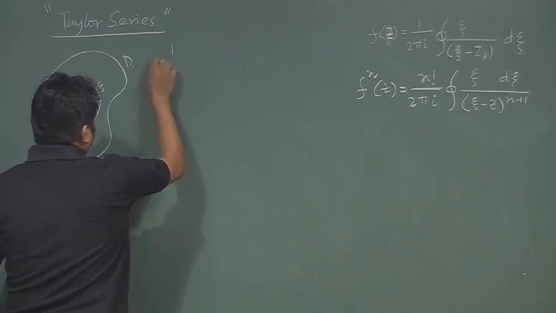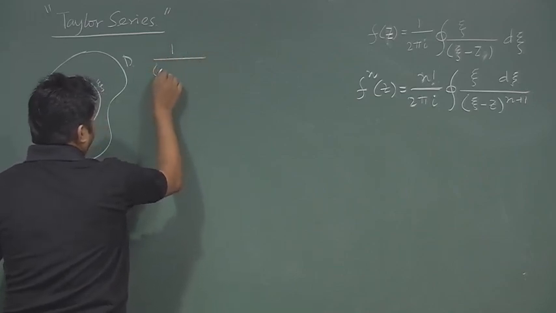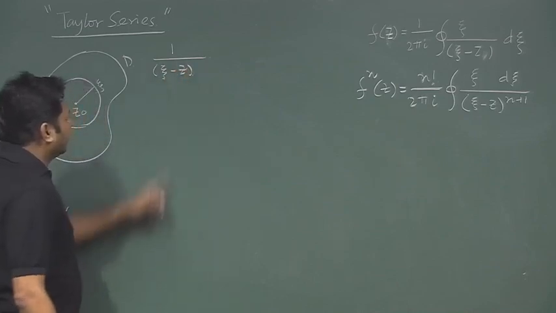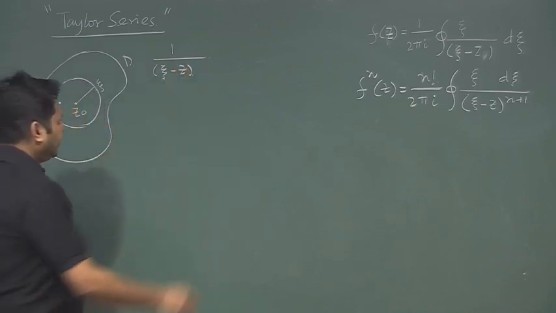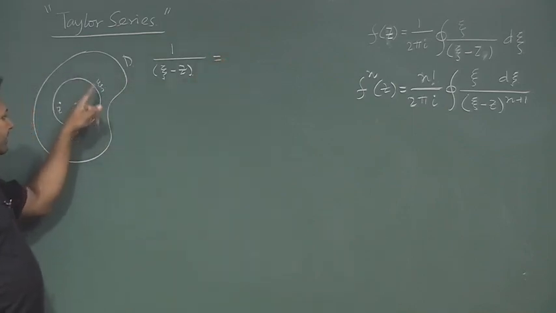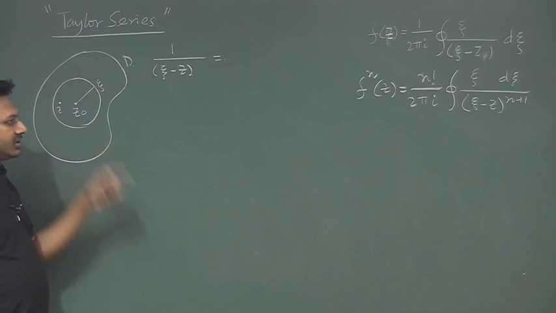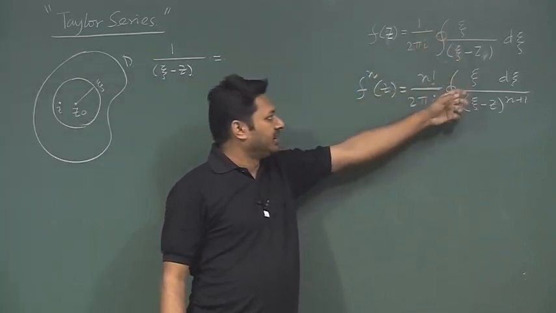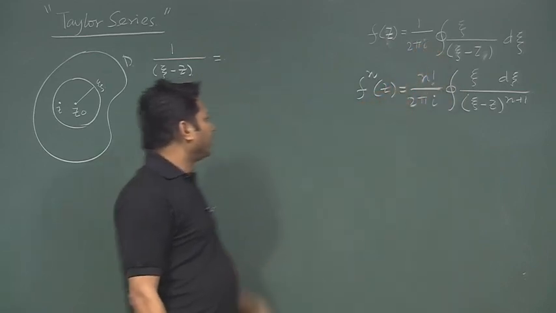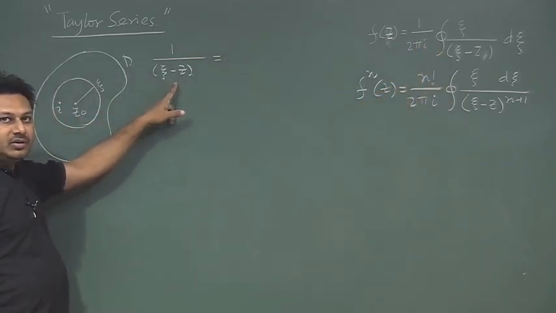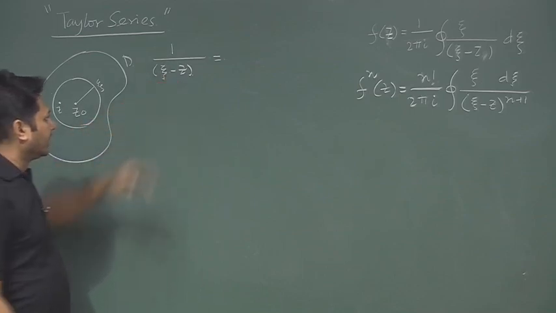So, if I expand, for example, xi minus z, I write these things in terms of z0 because around z0 I am trying to expand my function. Remember, this is my function f(z), the right hand side is something, and I am trying to expand this function around z0. So, somehow the z0 point should come here.